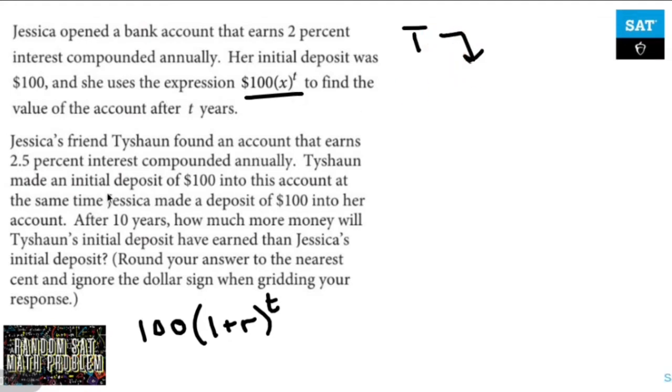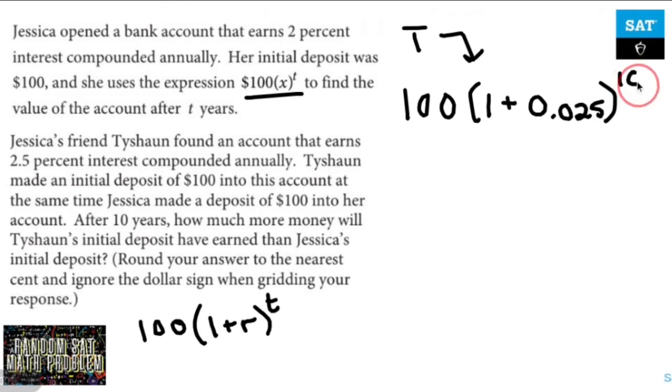So Tyshawn starts out with $100, just like Jessica did. You have 1, and you're adding 2.5%. 2.5% as a decimal is 0.025 taken to the 10th power because we're talking about 10 years.